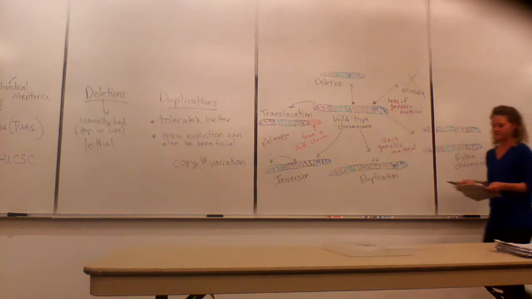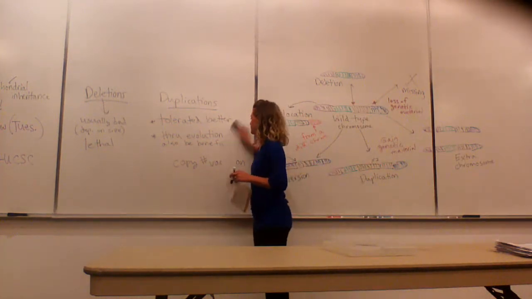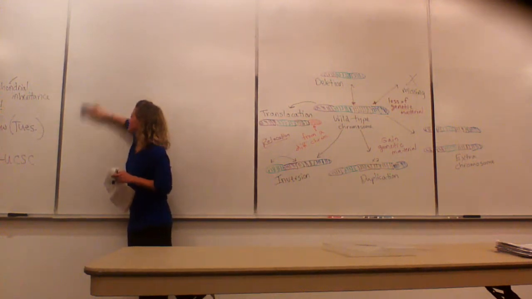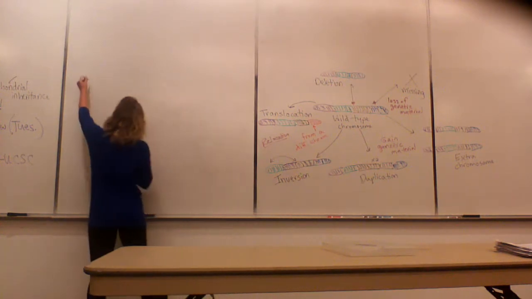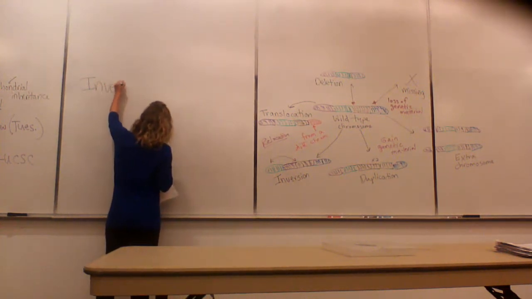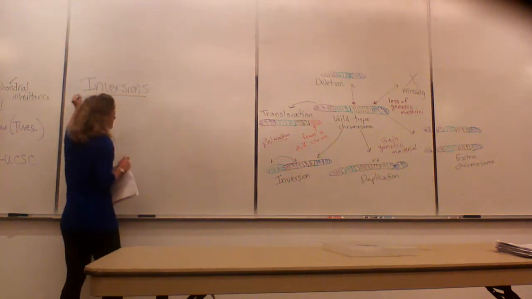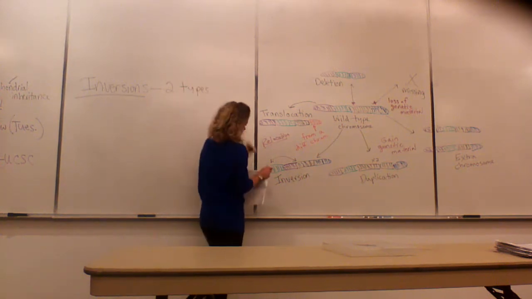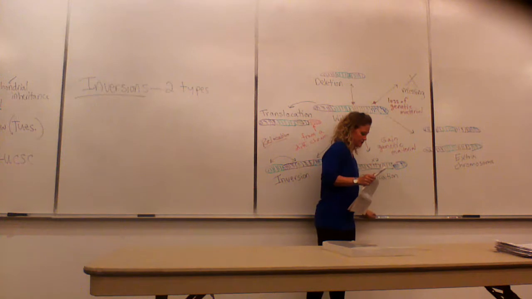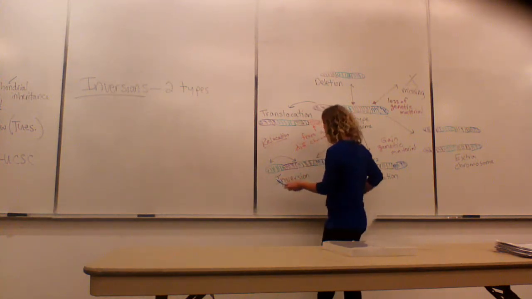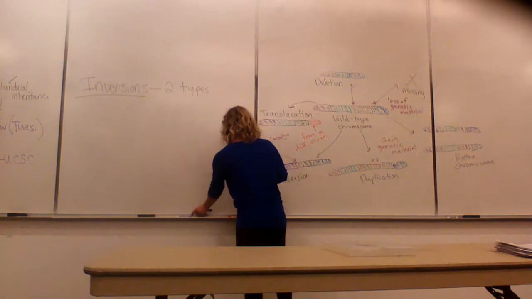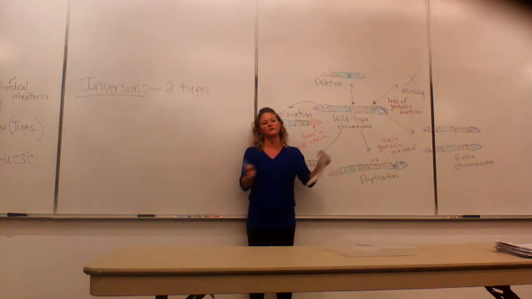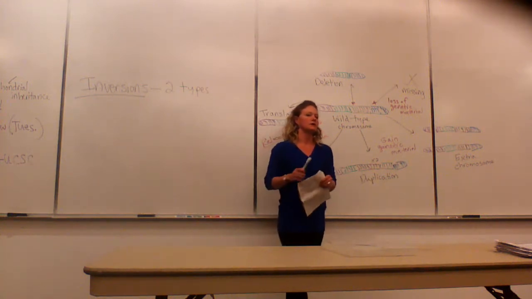Okay, so we're going to look at inversions first. There are two types of inversions, characterized depending on whether they span the centromere or whether they're on one side or the other of the centromere.